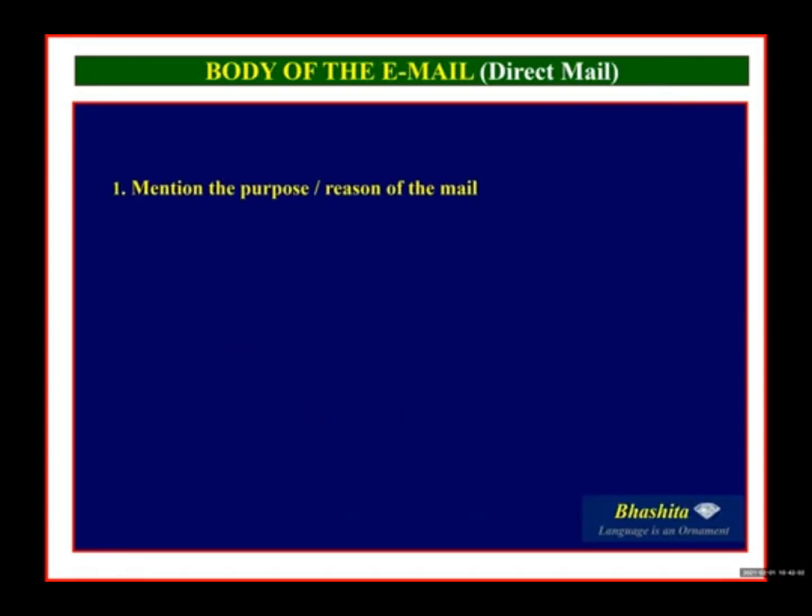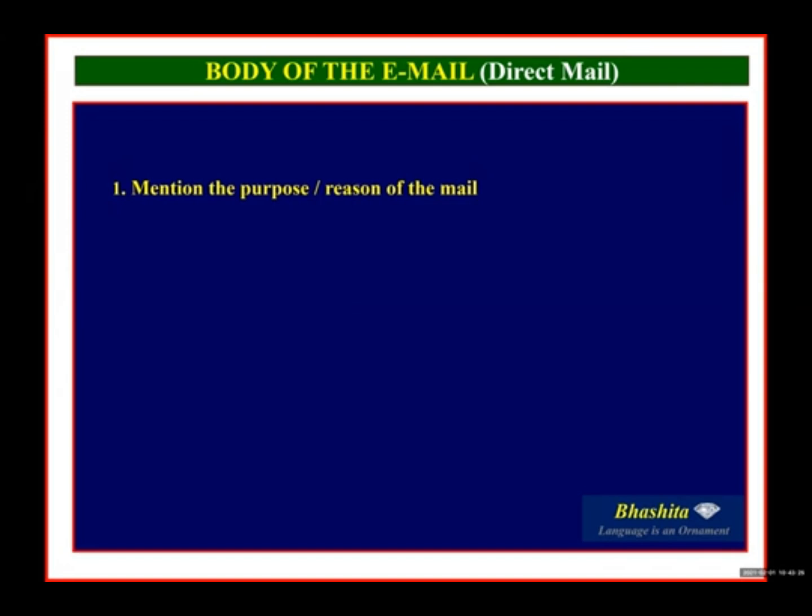Now, how to write the body of the email? See, in the process of composing the body of the email, if it is a direct mail, you are sending a mail directly to somebody. So what are the elements we have to include in the body of the email? The first one, highlight the purpose or the reason of the mail.